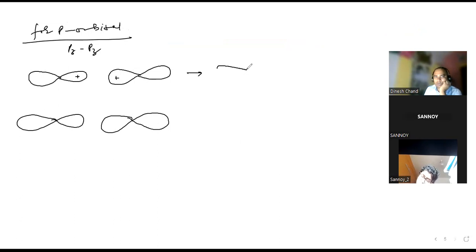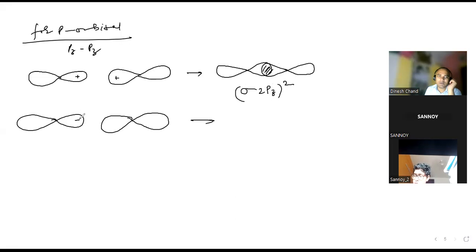Overlapping will take place. See, in different books you will find different representations. So here, this is the bonding, so it will be sigma 2pz. Now, if this is plus and this is minus, their waves are going differently.